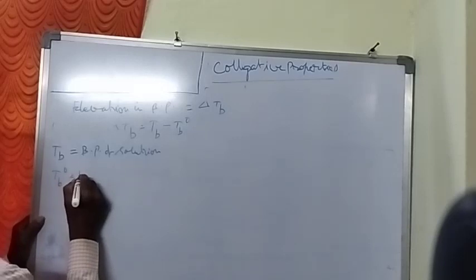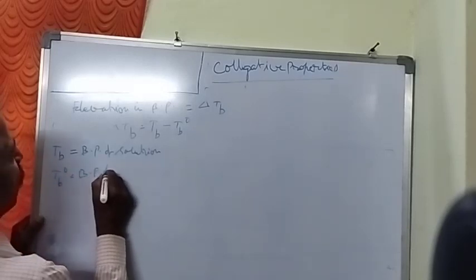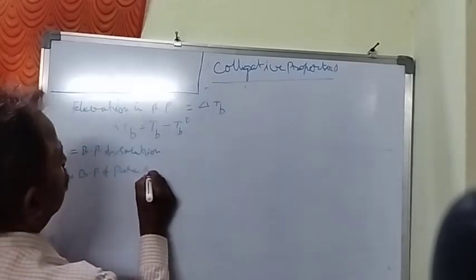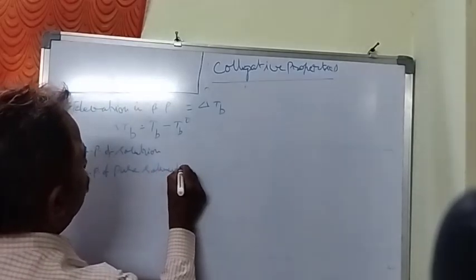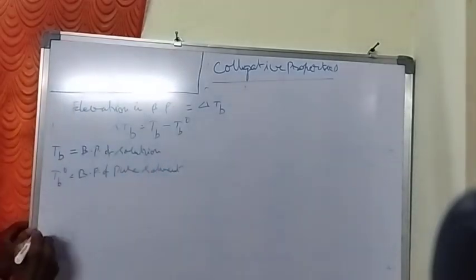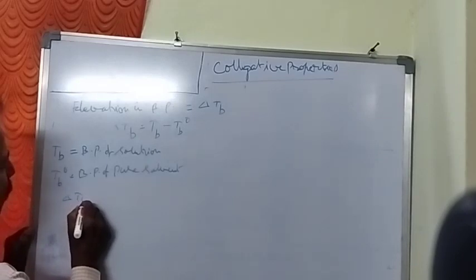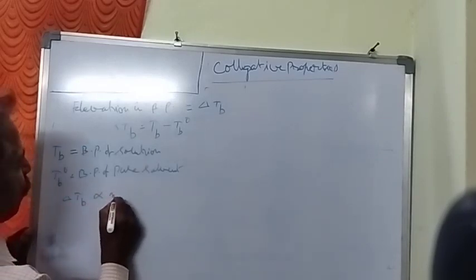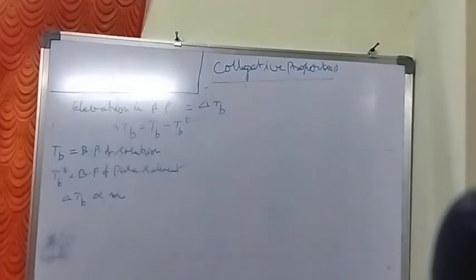TB naught is the boiling point of the pure solvent. Delta TB is proportional to m, where m is molality.